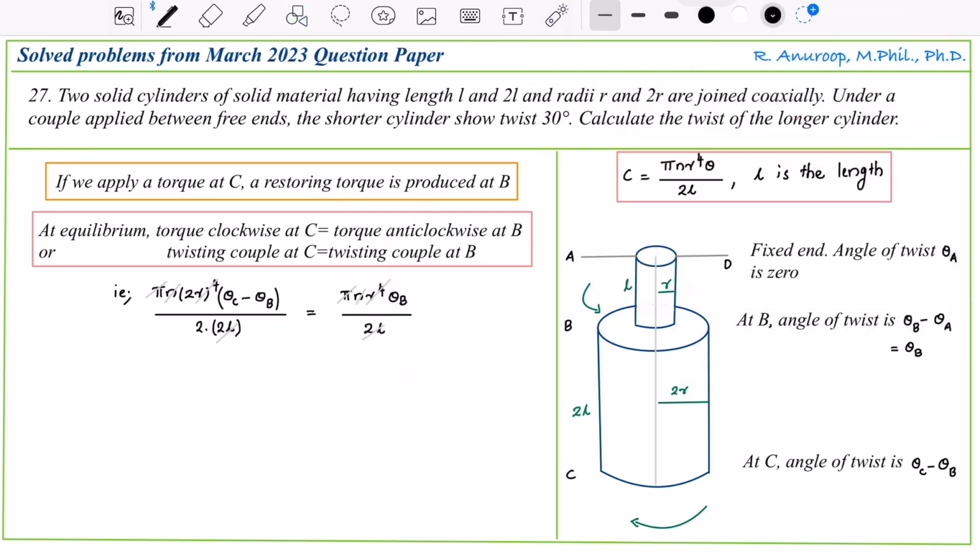So the remaining terms are 2 raised to 4 by 2 times (theta C minus theta B), and that is equal to theta B. That is 8 times (theta C minus theta B) equal to theta B. On simplification we have 9 theta B equal to 8 theta C, or theta C is equal to 9 by 8 theta B.